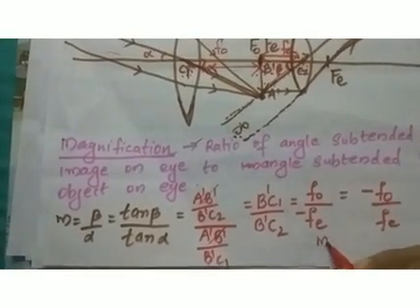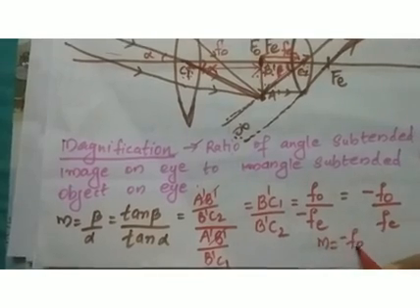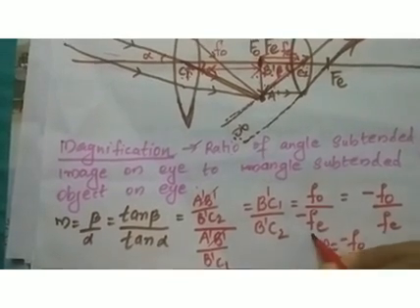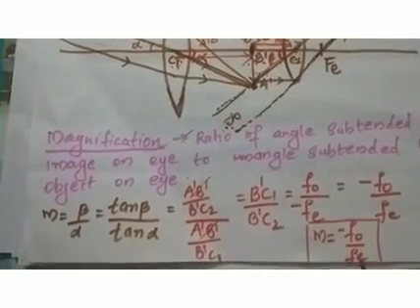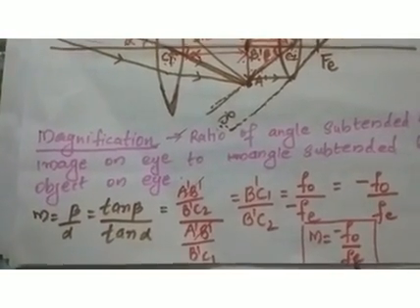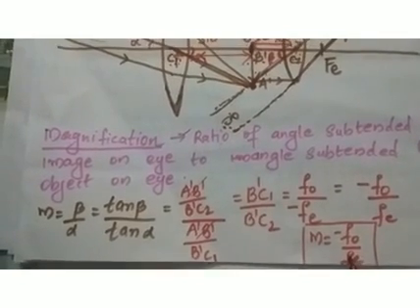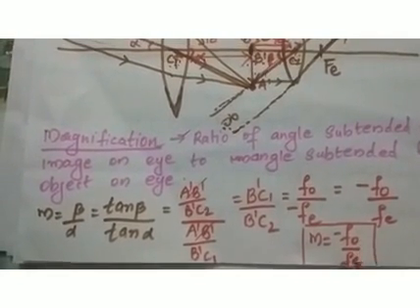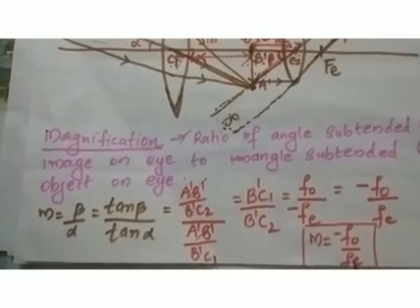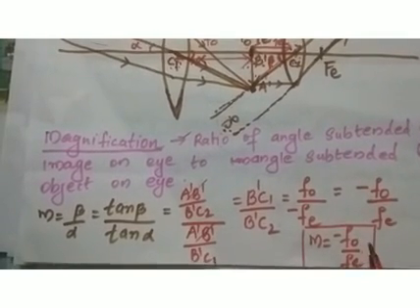So the magnification M is equal to minus FO by FE, where FO is the focal length of the objective and FE is the focal length of the eyepiece. From this expression it is very clear that magnification depends upon the focal lengths of the objective and eyepiece lenses.